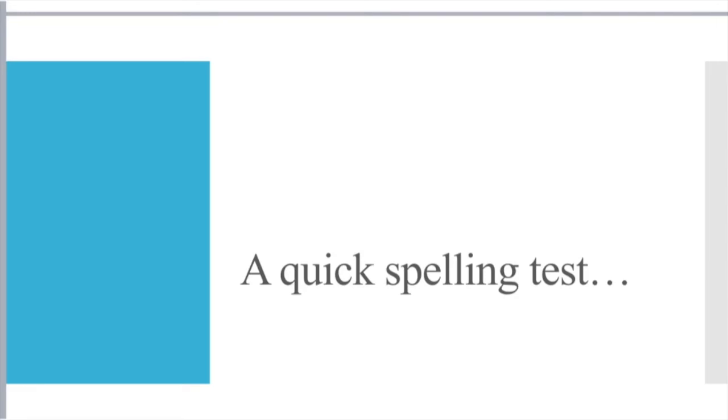You're going to write six words, and try to spell them as properly as you can. First word is double. The second word I want you to write is pair.